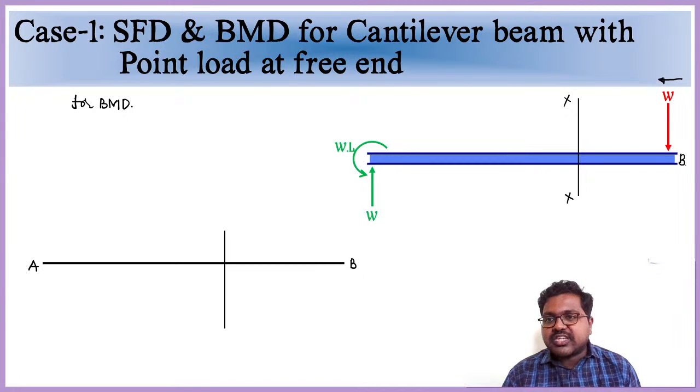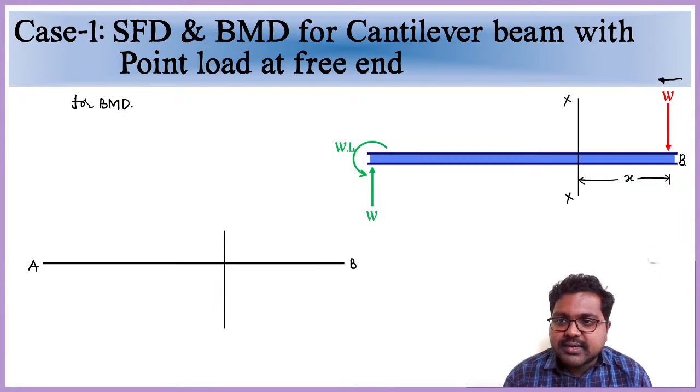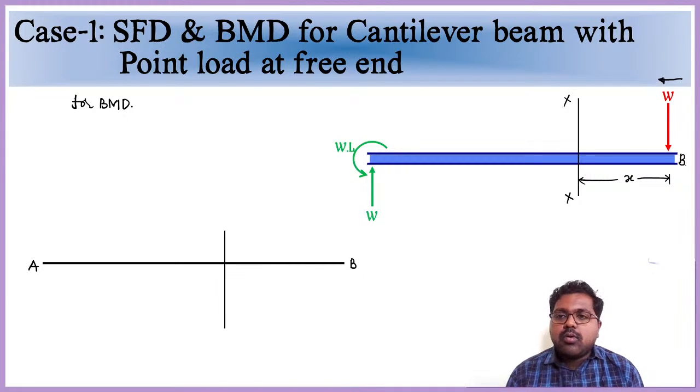Okay, then next I am going to section somewhere here in between, that is XX, which is at a distance of x. Now we need to find the bending moment value, right? So I am going to find M, that is the bending moment at XX. I will take it as Mx, right?